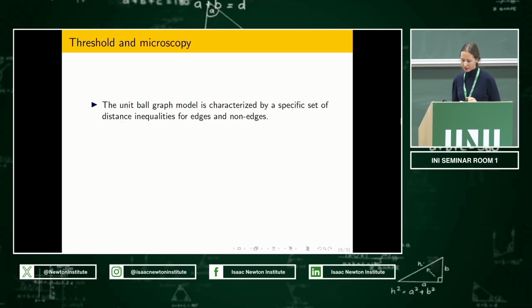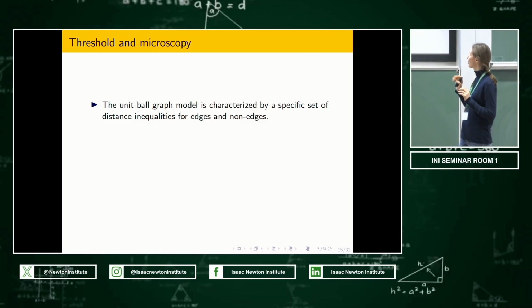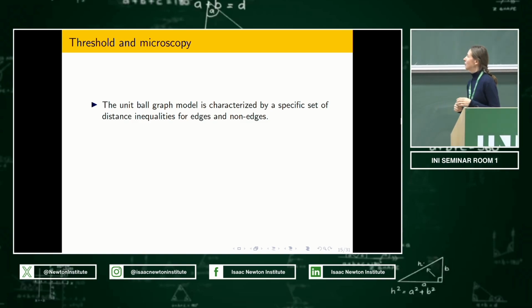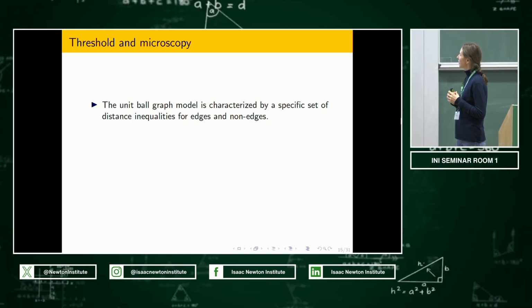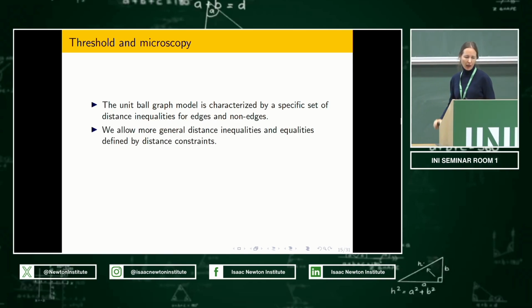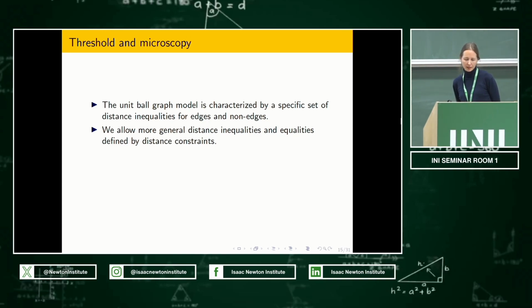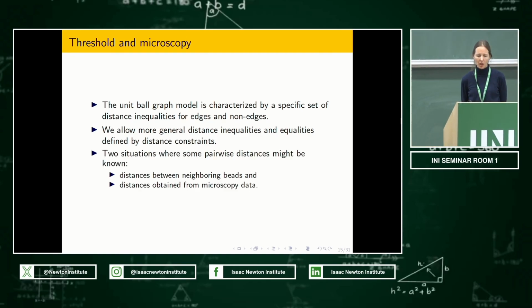And then the second model that we gave the name is threshold microscopy. So in the unit ball graph model, this was characterized by a specific set of distance inequalities for edges and non-edges. And now we allow more general distance inequalities and equalities defined by distance constraints. So basically we have inequalities, but we also have some edge length or distance constraints for vertices.